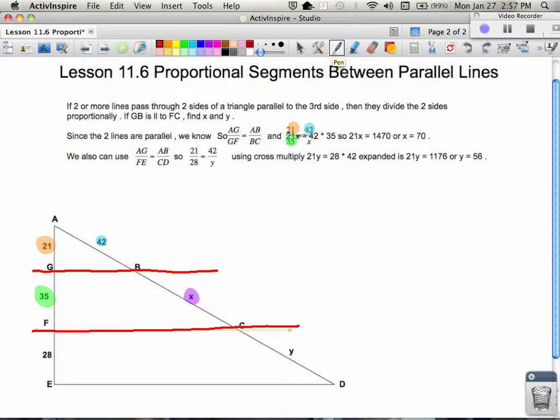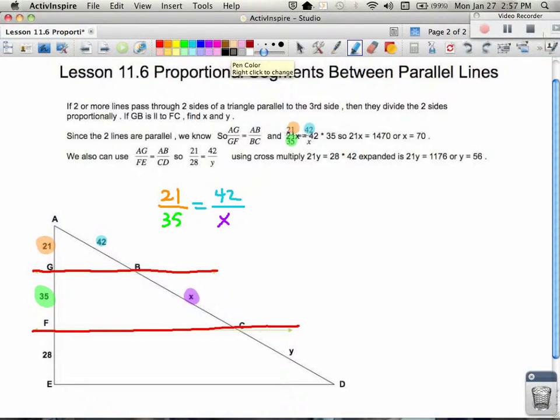So what does that mean? If I write these down, I can set up a proportion that looks like the following. From my highlighted colors right now, 21 divided by 35, sorry for the bright green, should be the same comparison as 42 compared to x. And then we cross multiply, if you remember from a couple slides previous.